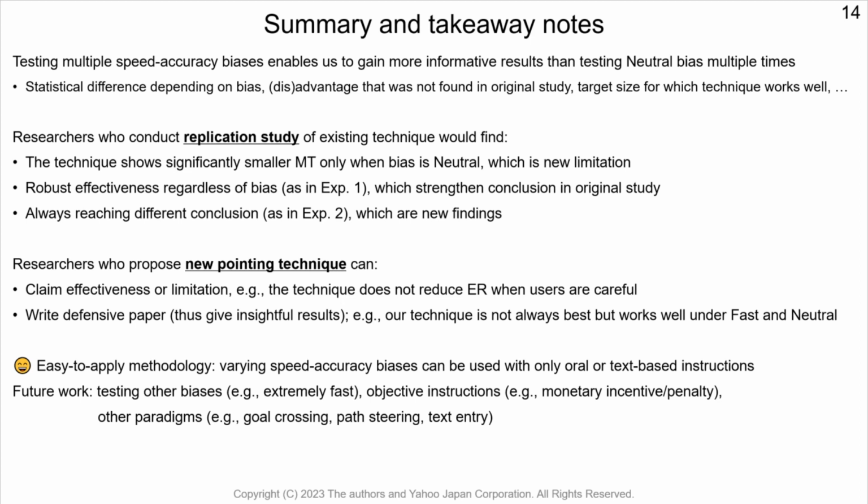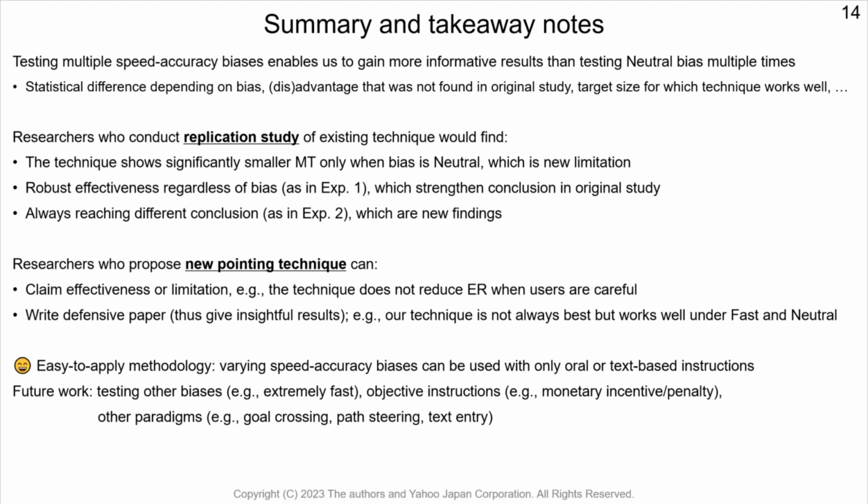This methodology is also useful for researchers who propose a novel pointing technique. They can claim that the proposed technique always shows a smaller movement time regardless of the bias, or they would find that the technique works well only when the bias is fast or neutral.